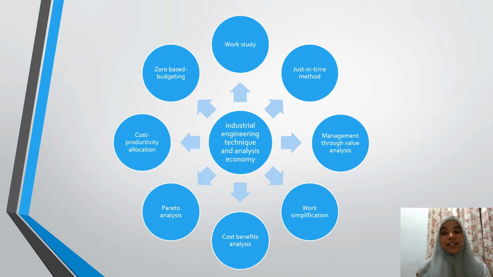For the next, this is my map that I found from a book, Prempangko 1987. They have seven techniques. The first is the work study. Next is the just-in-time method, management through value analysis, work simplification, cost-benefit analysis, Pareto analysis, cost productivity allocations, and zero-based budgeting.